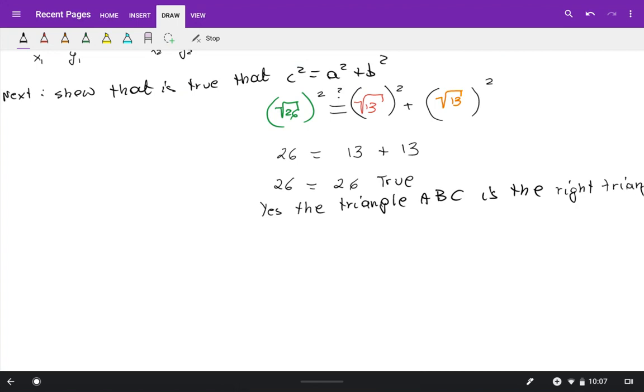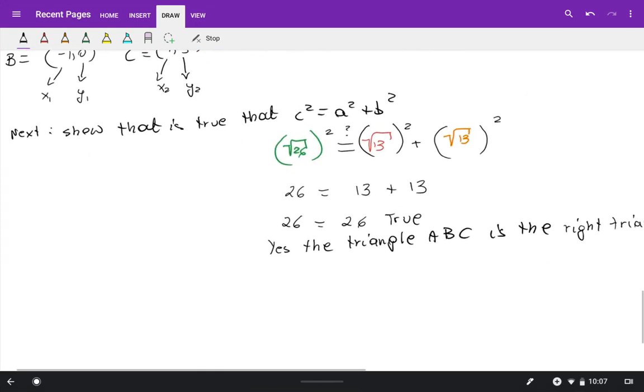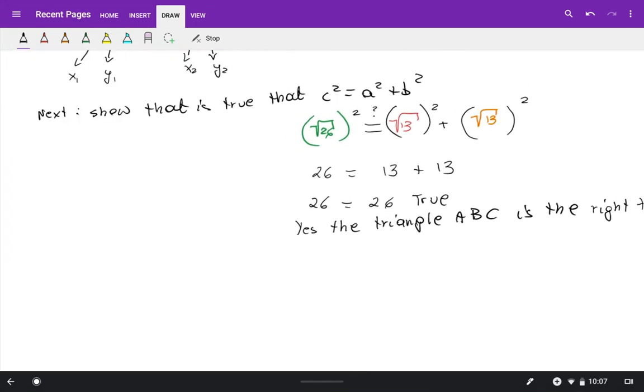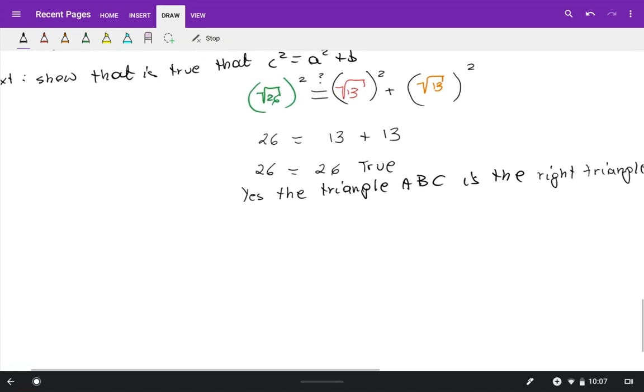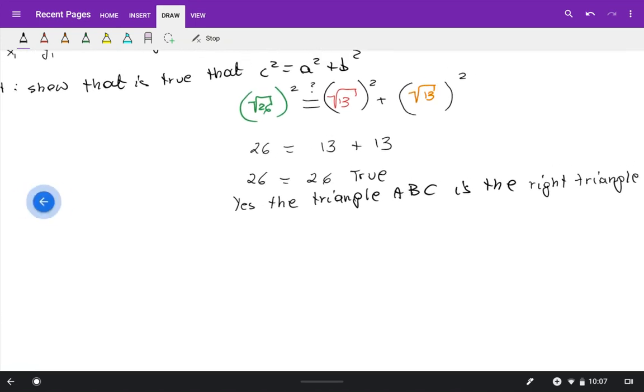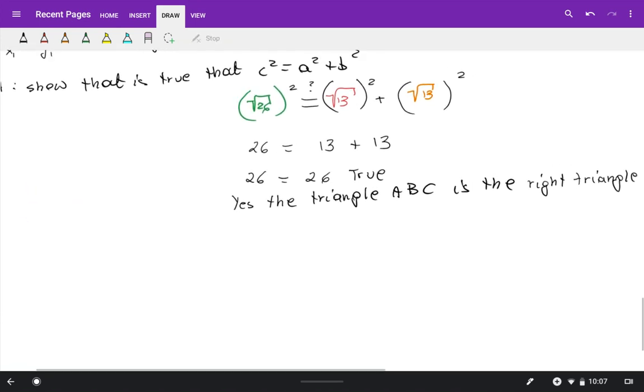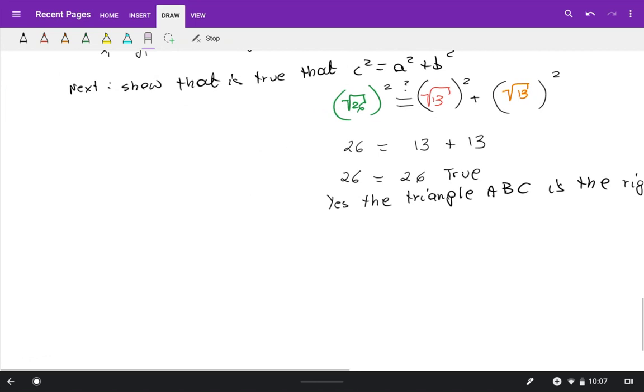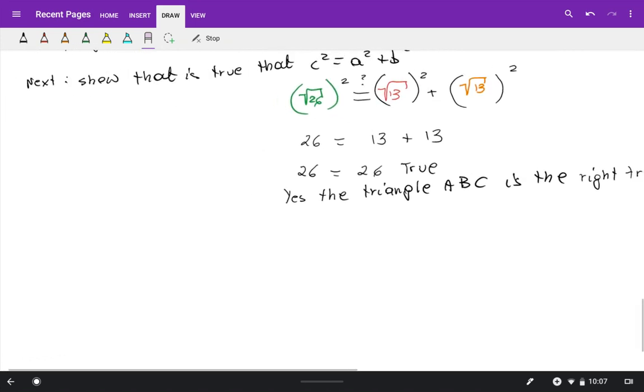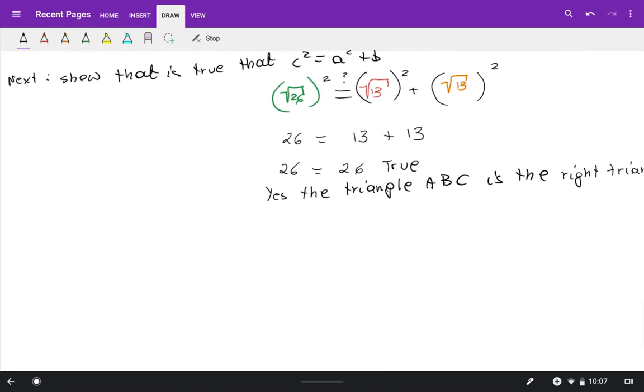I think this section is not so bad. There's not really such heavy-duty algebra. It's more like a concept from geometry, but to figure out the answer, we need algebra. So let's practice a little more for those who need more practice.